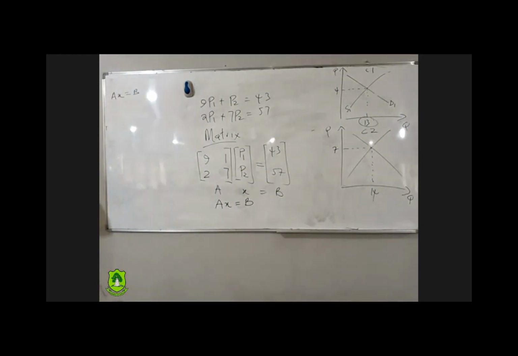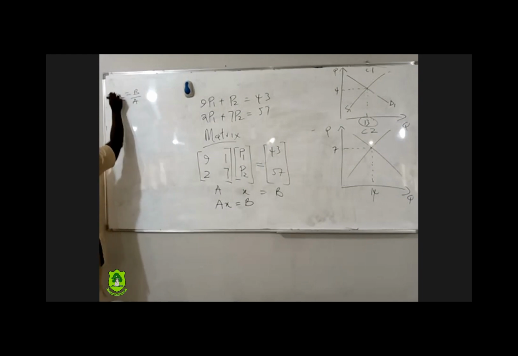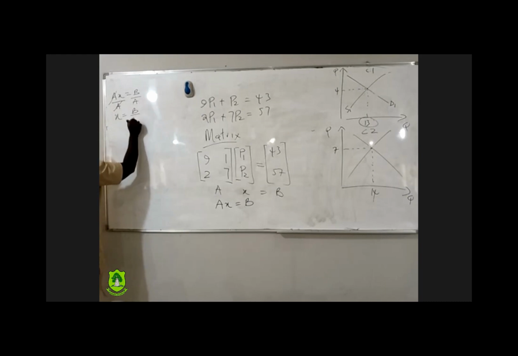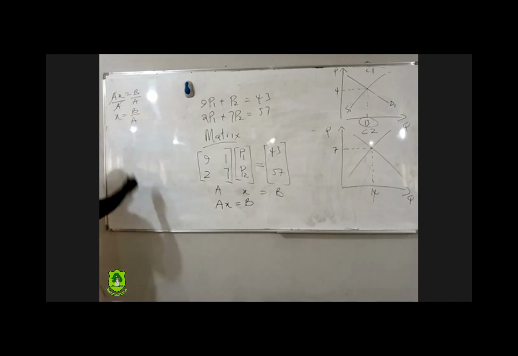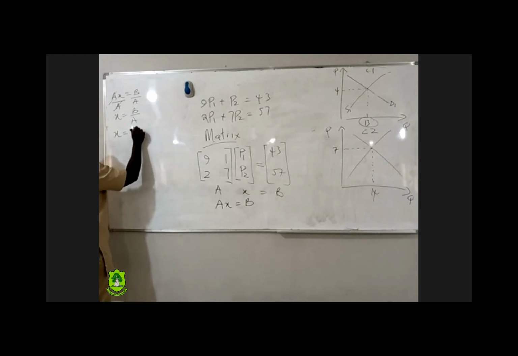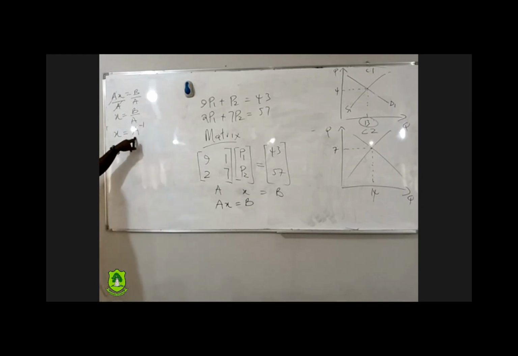B. What don't we know? X. So under normal circumstance, we will do what? Divide here by A. This will cancel this. So we will have X is equal to B over A. But in matrix, there is nothing like division. In matrix, division is an inverse. So in this particular case, we're going to have X is equal to A raised to the power minus 1. It means an inverse of this one.